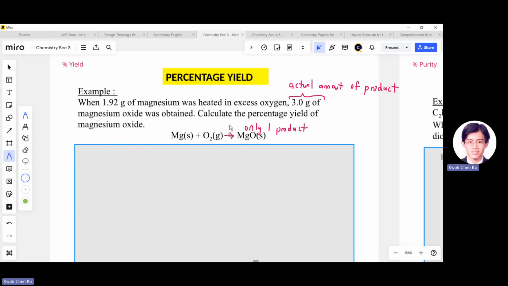Now, of course, you have to use the 1.92 grams to do something about it. If you're not sure what to do, I think the first step is to try to find the number of moles. That means you divide by Ar.